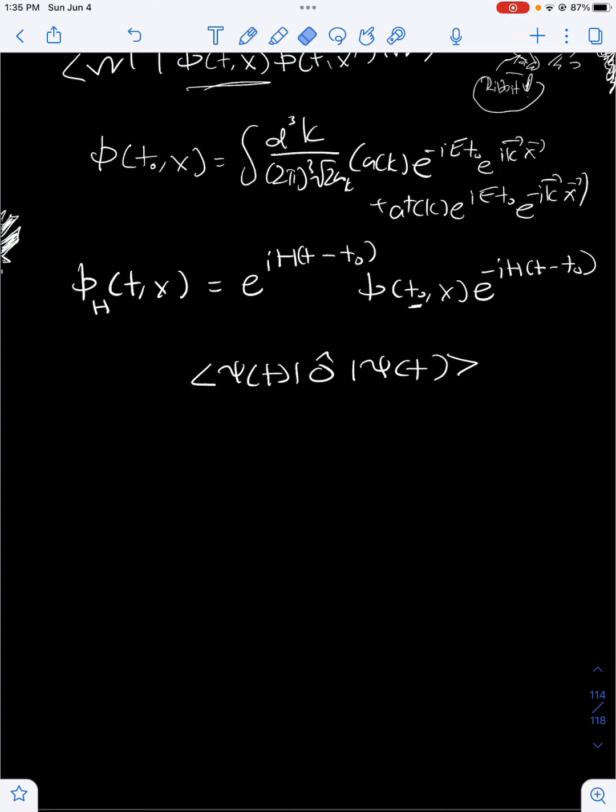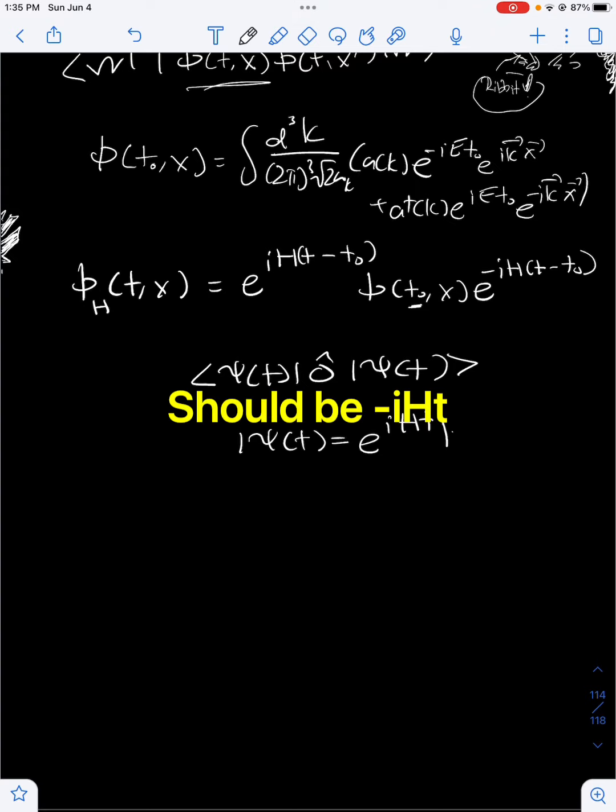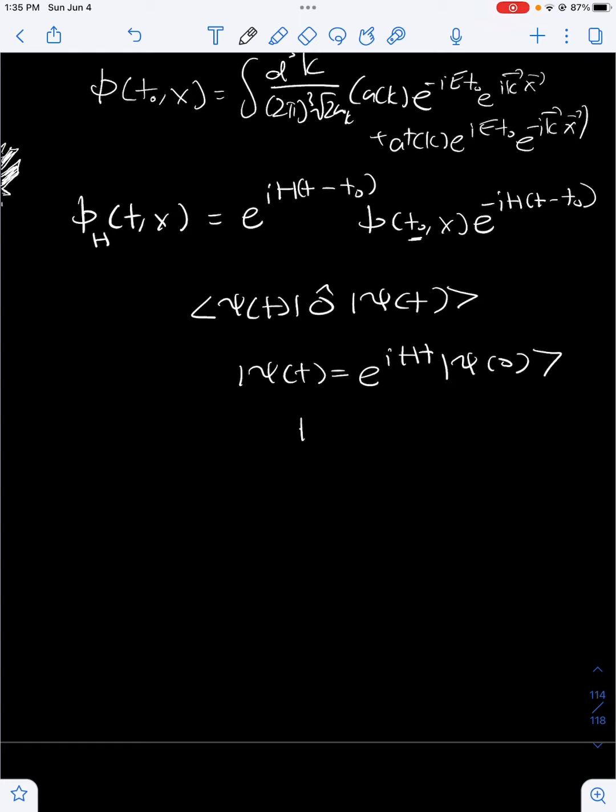Again, we know that this equals e to the i h t phi of 0, or psi of 0. And we can split out the Hamiltonian into a free part and the interacting part. Now, just to clarify, what part we call free and what part we call interacting does not actually matter in practice. We should just call the interacting part the complicated part, okay? The part that is not exactly solvable.